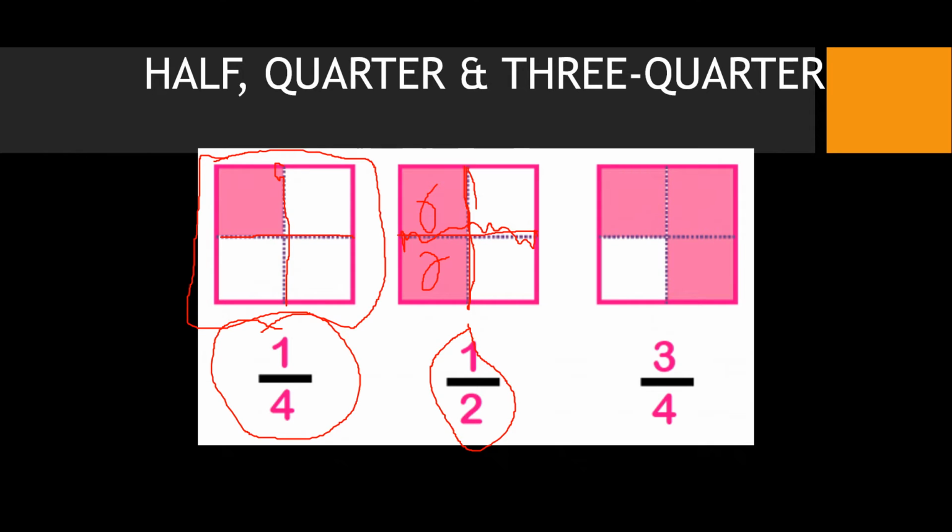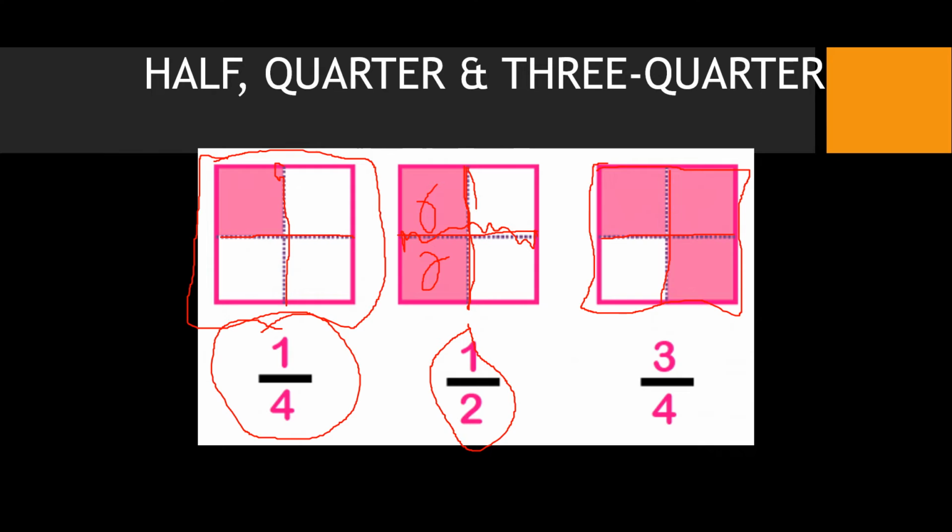Now, 3 over 4. Very simple, guys. Your mom is baking a nice square-shaped cake. After that, she cuts the cake into 4 parts. She cuts here, she cuts here. Out of 4 parts, you are getting 3 parts. Wow, that's a lot.